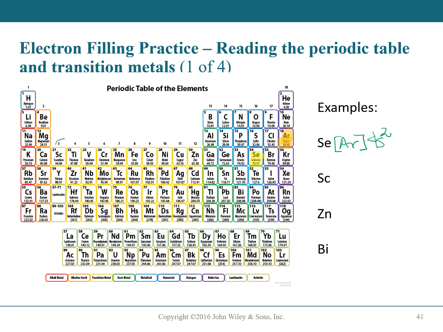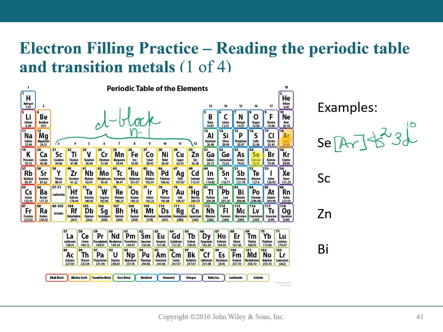Now the D block, remember, it's going to be n minus 1. So this is going to be 3, not 4, because if n is equal to 4, then this is an interior, 4 minus 1. I go 1, 2, 3, 4, 5, 6, 7, 8, 9, 10. Haven't gotten to selenium yet.